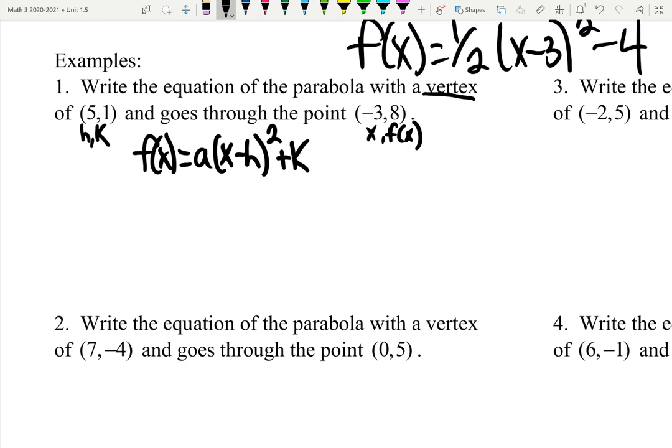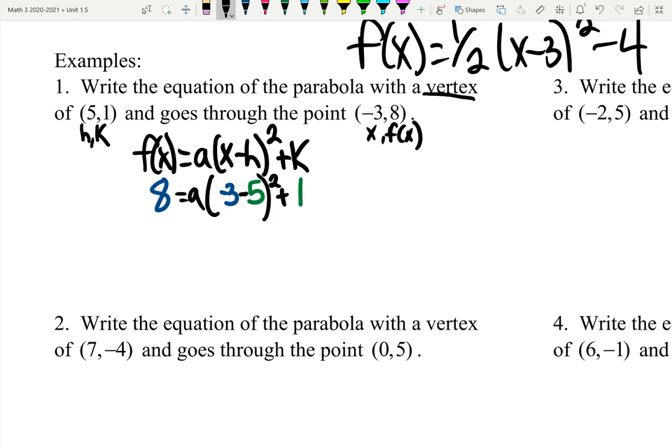F of x is 8, x is -3, h is 5, k is 1, equals a, parentheses, now there's a minus sign between them, plus 1.